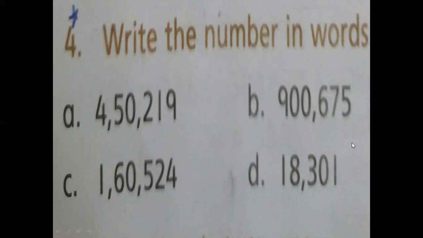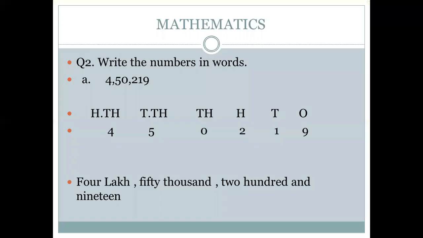Yes, the first part is 450,219. You see on the screen, which I share with you: ones, tens, hundreds, thousands, 10,000, and 100,000. I put all the numbers under the ones, tens, hundreds, thousands, 10,000, and 100,000. Now you can easily find 100,000. We also said lakh.